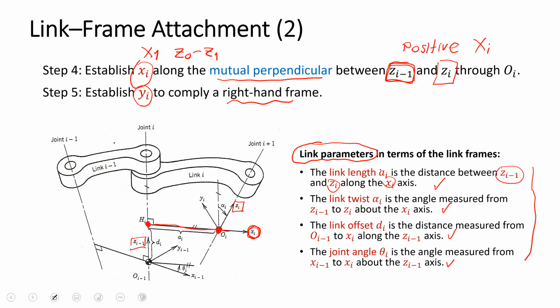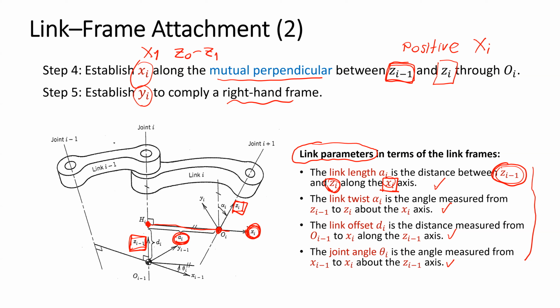Sorry. It means the link length Ai is the distance between the Ci minus 1 and the Ci measured along the Xi.